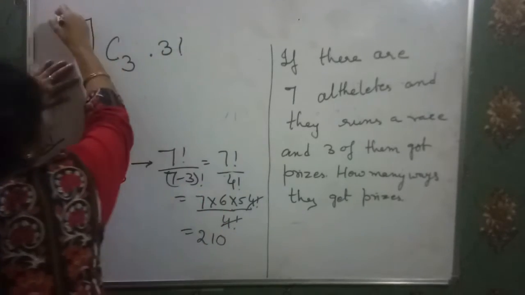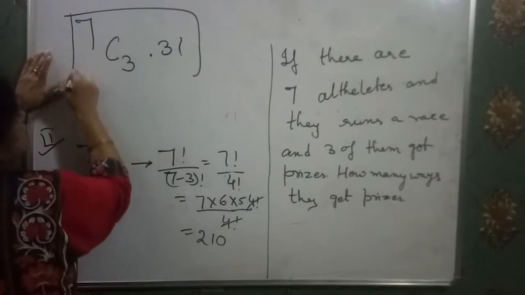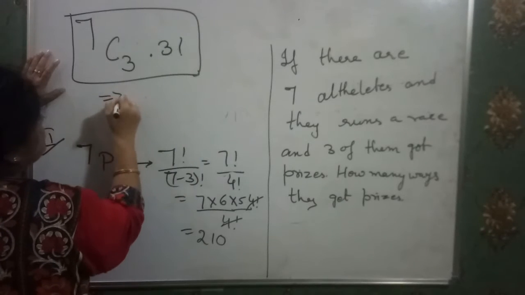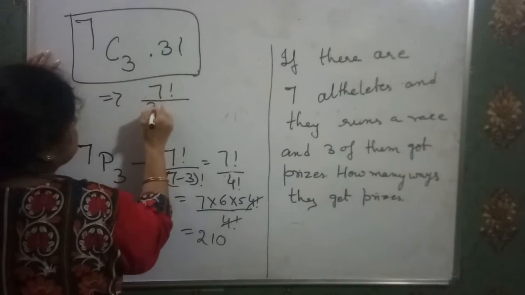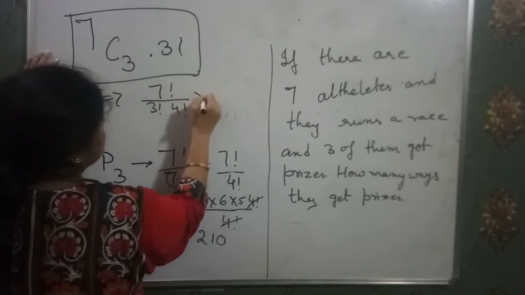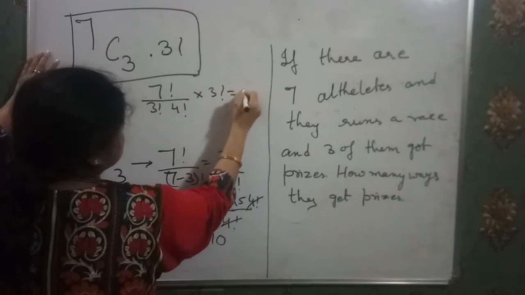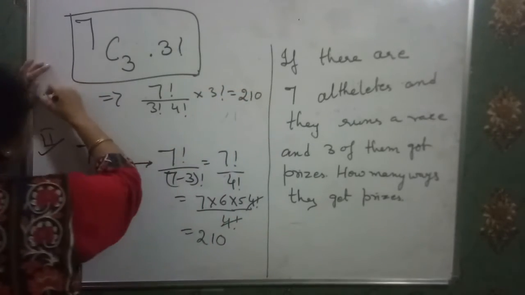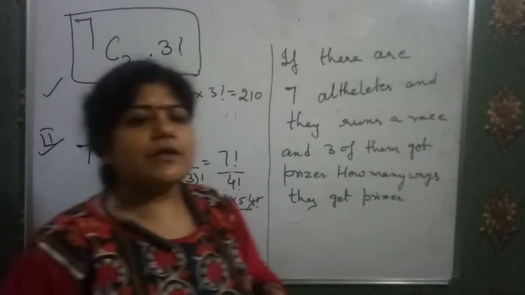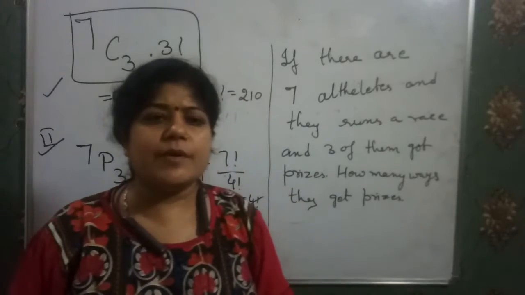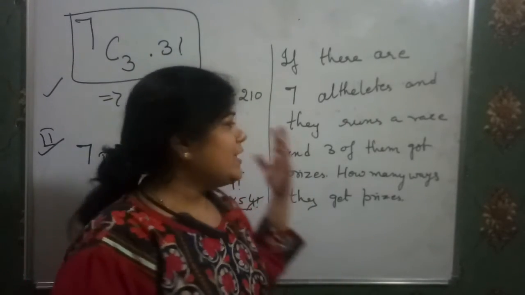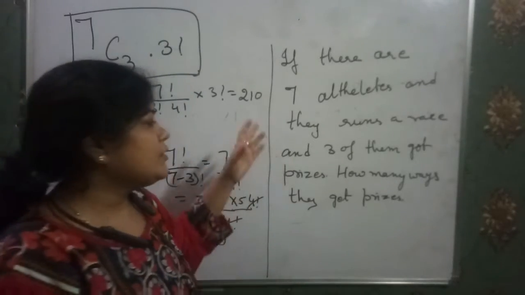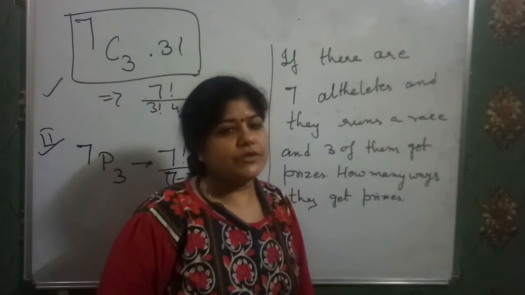If we use the combination, this is our answer, and when we solve it, we get the same answer, 210. I think this question will give you a clear concept between permutation, combination and general mathematics that we apply to solve these types of questions.